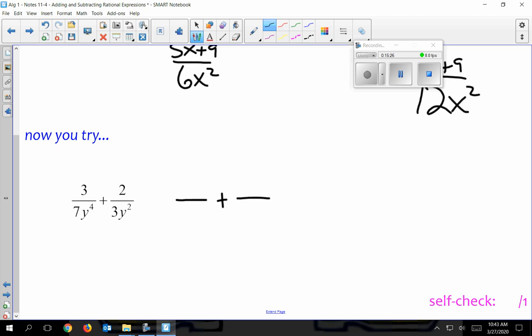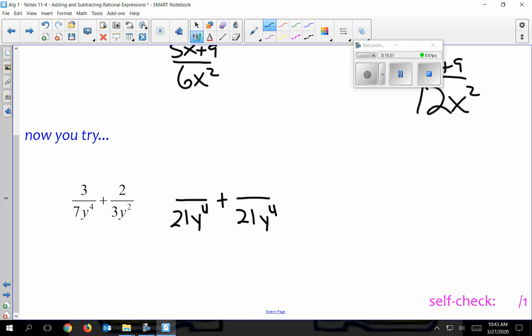Okay, so taking a look at this, both 3 and 7, I think, go into 21. And my biggest power is y to the 4th, so I'm going to have to go there. And that kind of goes against our term least common denominator, but I can't take a power of 4 and put it into a power of 2. I have to go the other way. Okay?